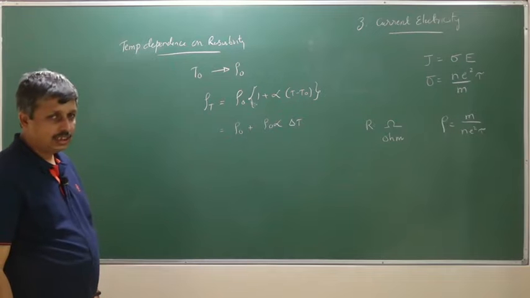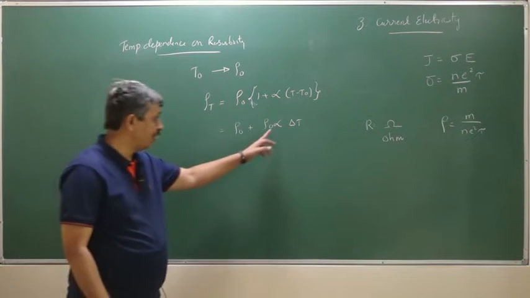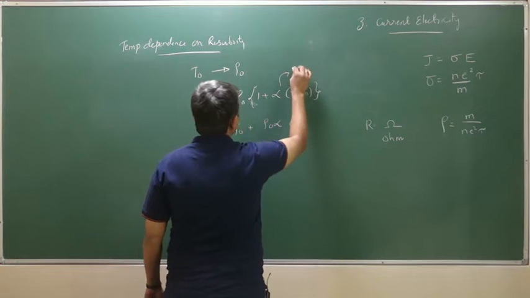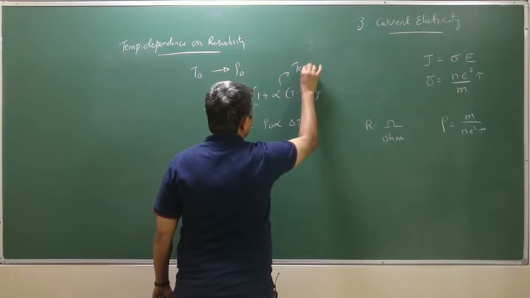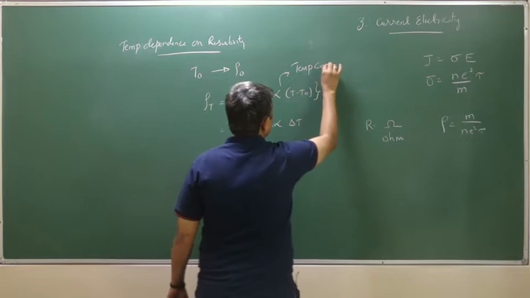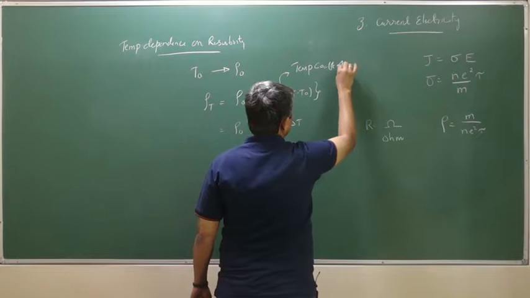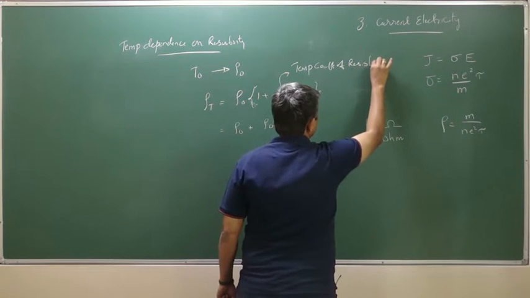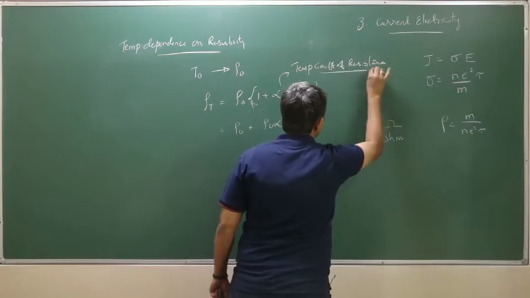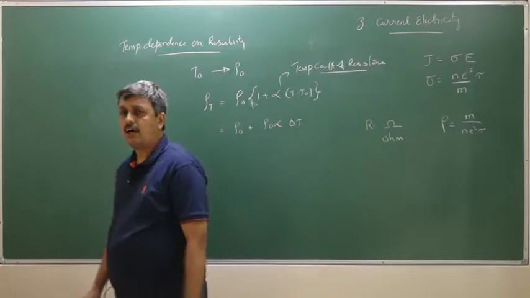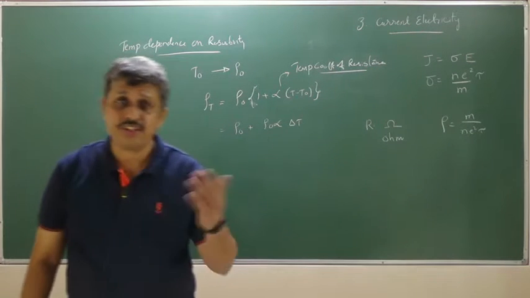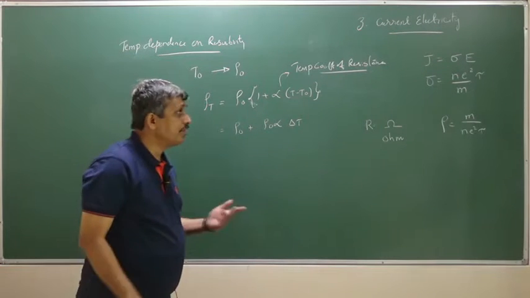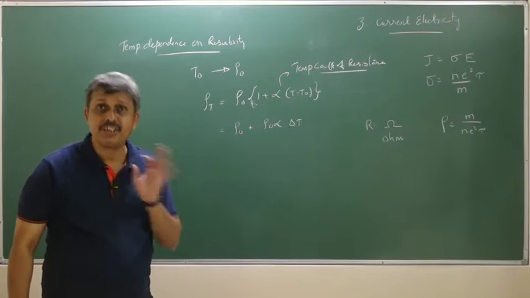If you know this value alpha, it is called the temperature coefficient of resistance. This basically tells us how much the resistance, or resistivity, will change if you change the temperature. It is the temperature coefficient of resistance for a given material.